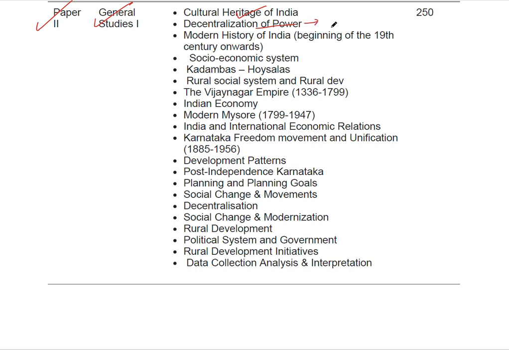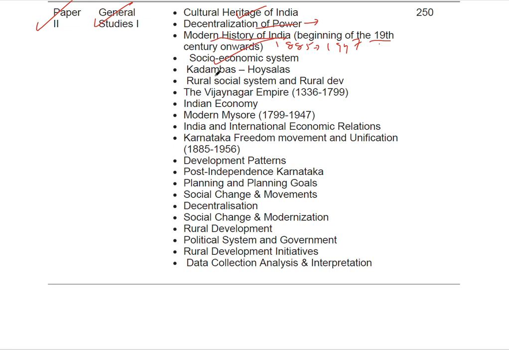Like we all know, power has been given to panchayats now, after the 1990s. Before that, power was not with them. So that kind of political power. Modern history of India, from the beginning of the 19th century onwards, that is after the 1885 formation of the INC, till we got independence in 1947.